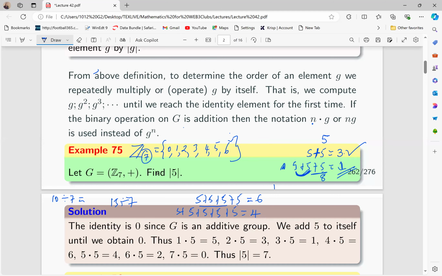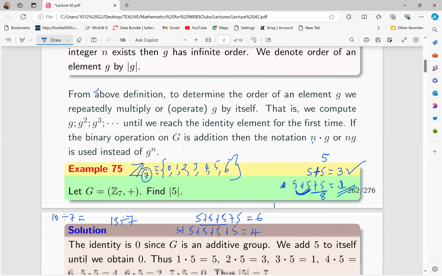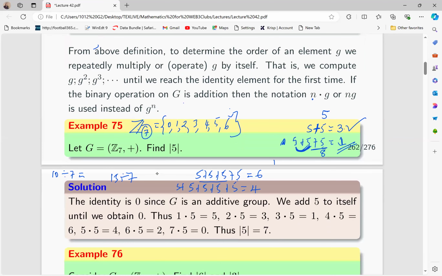What about 5 6 times? 5 6 times will be 5 plus 5 plus 5 plus 5. These are 1, 2, 3, 4, 5, then 6. We are doing it mod 7. So this will be 2.